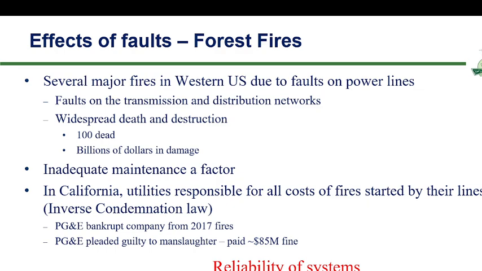The company also pleaded guilty and paid approximately 85 million dollars in fines and penalties. These events underscore the critical importance of system reliability, proactive maintenance, and robust protection strategies to prevent such unwanted outcomes.